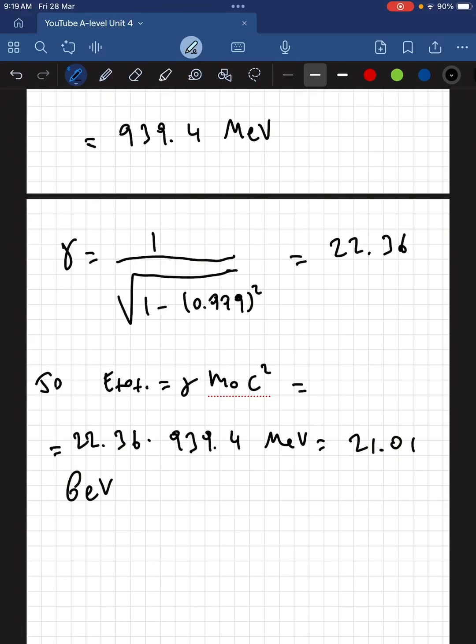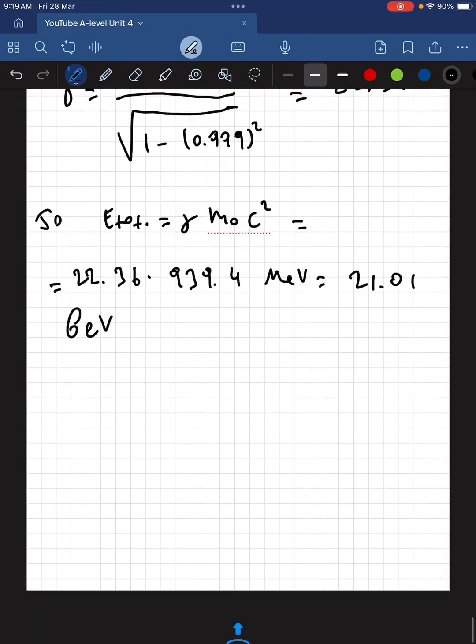So it appears as if the mass increases from 939.4 MeVs, which is the rest energy or the rest mass of this proton, to 21 GeVs. So it gains mass as it accelerates.